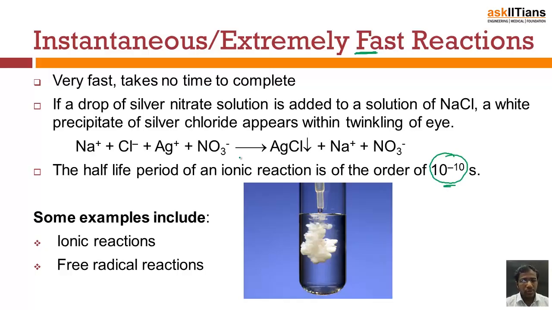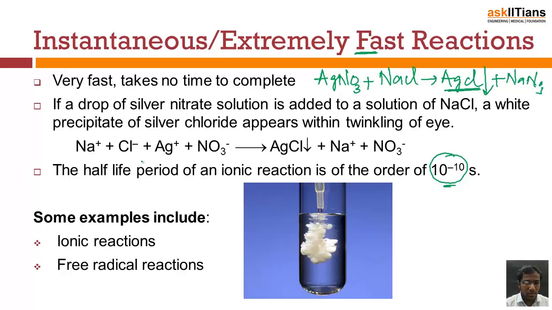One such example: if a drop of silver nitrate, AgNO3, is added to a solution of NaCl, then a precipitate of AgCl will be formed within a fraction of a second, along with NaNO3. The reaction is also mentioned here. If you see here, the sodium chloride solution contains sodium ions plus chloride ions, and similarly the silver nitrate solution contains silver ions and nitrate ions.